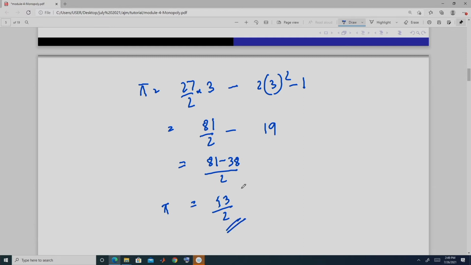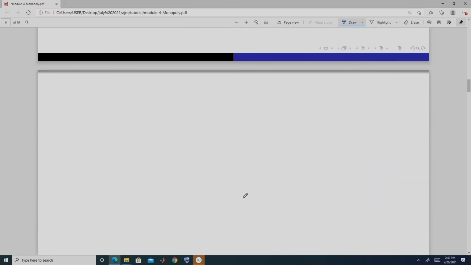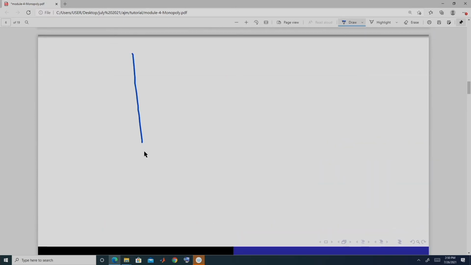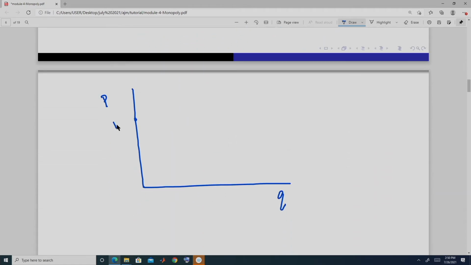Now, whether it is a Pareto optimal point or not, how do we decide that? See, if you look at this, this point is 15, this is 30, this is 15.